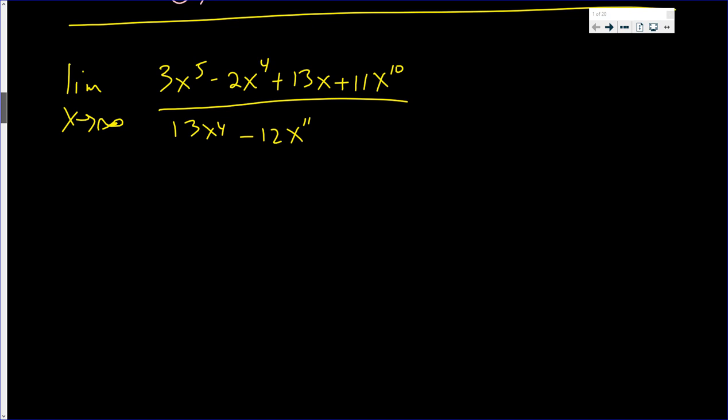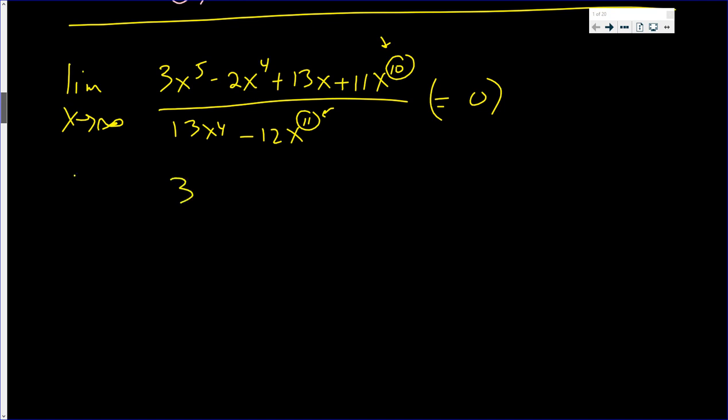Well, the degree of the top is 10, the largest power of x. The degree of the bottom is 11. We know it's 0. Maybe you hide that and don't write it, but you know it has to be 0. Now, between the 10 and the 11, you pick the smaller one, which is 10.